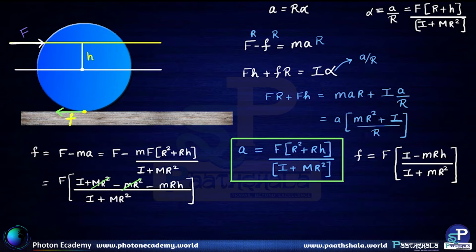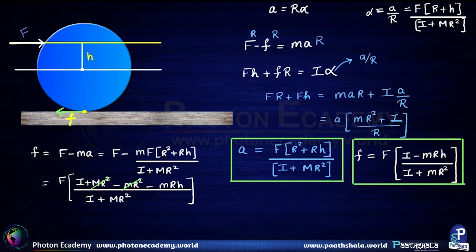So this is another expression that I would advise the student to remember by heart in order to solve questions involving forces applied on rolling objects where the objects are rolling without slipping.